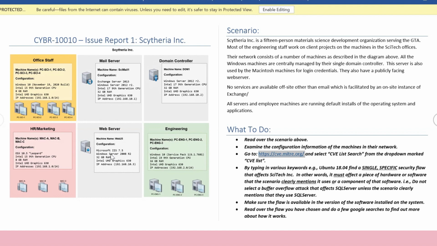Yes, obviously, the domain controller would not be a bad one to start from, since it controls the configuration of most of this stuff, the PCs in the organization, the normal workstations. It would be a good idea to start from the domain controller. But again, they didn't tell us to assume that we are hackers or malicious people. They just said to choose the one you think might be vulnerable.